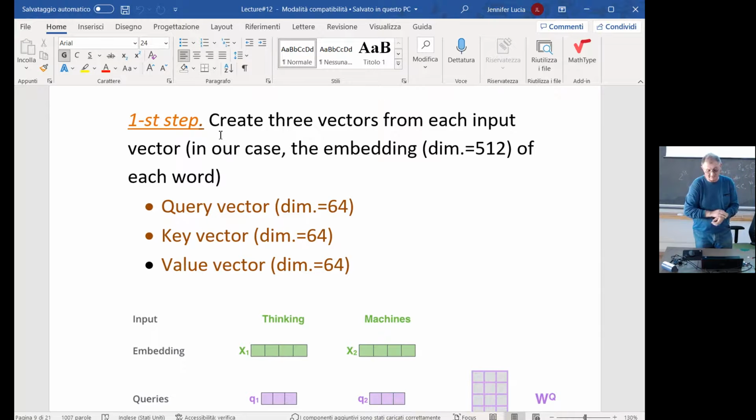In our case the embedding is of dimension 512 for each word. Then to elaborate 3 object vectors. Query vector of dimension 64. Key vector also dimension 64. And value vector also of dimension 64.